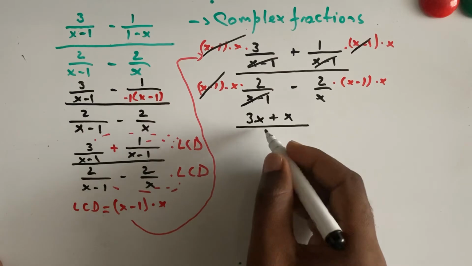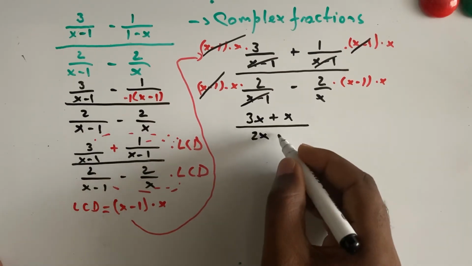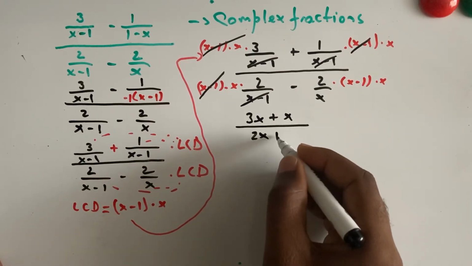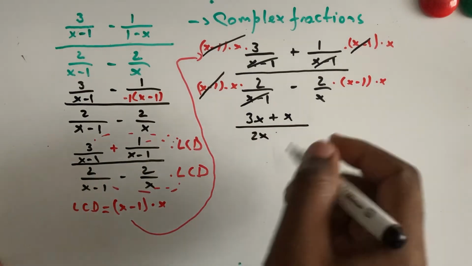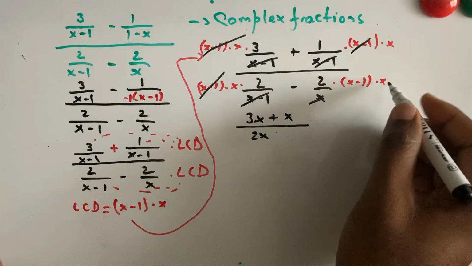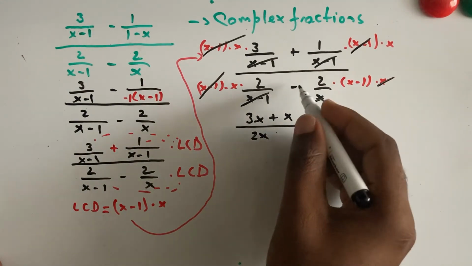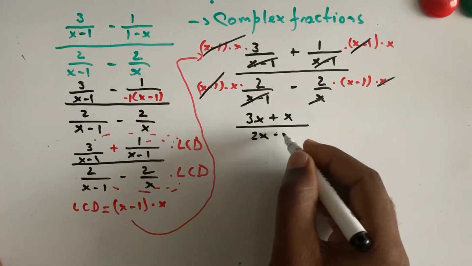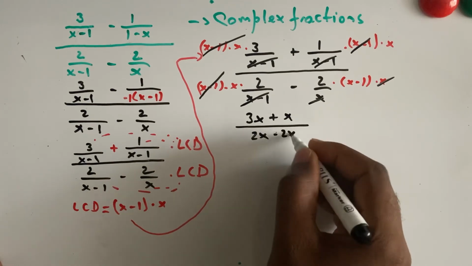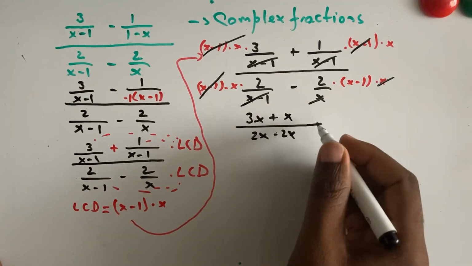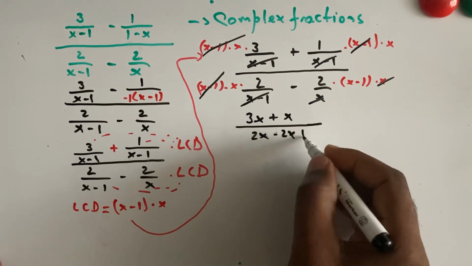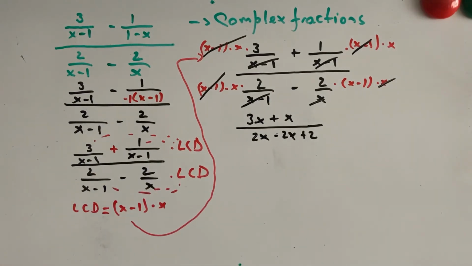So it will be 2x. Plus, I mean, in this case here, it will be minus. So let's cancel the x. So it will be negative 2, and you distribute. So negative 2 times x, which is negative 2x. And negative 2 times negative 1, which is positive 2. Okay, positive 2.